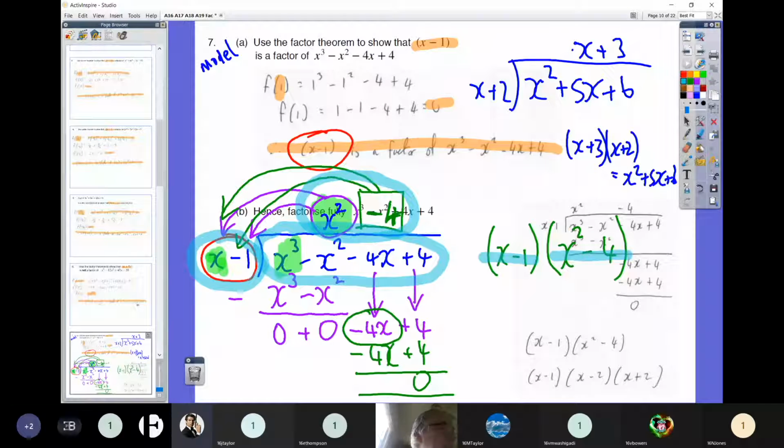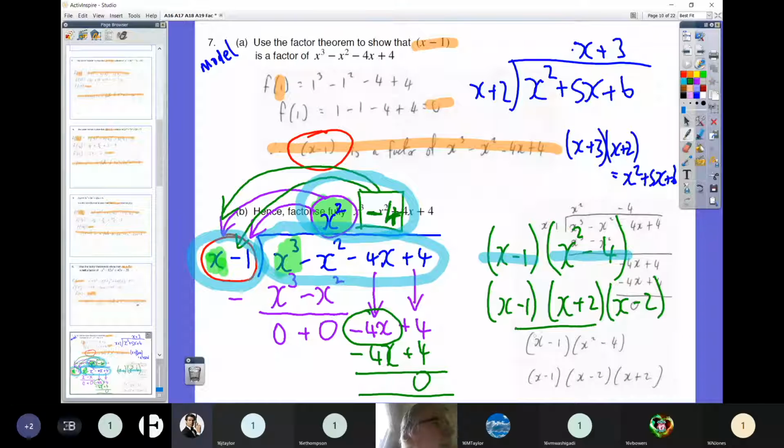And then you've just got to have spotted, do you remember that difference between two squares? You've got to know, just for that final mark, and this is sort of an IGCSE top end thing, that because x squared minus 4 is a square number take away another square number, that can be replaced by x plus 2, x minus 2. So that would be our final answer on question 7. Okay, that is fully factorizing the cubic.